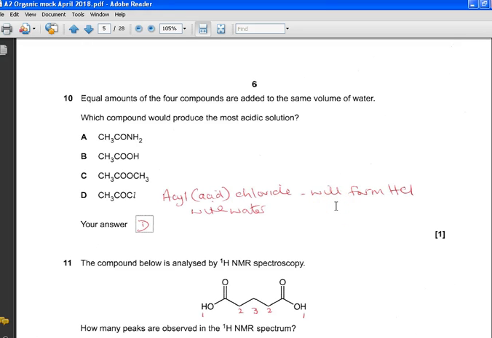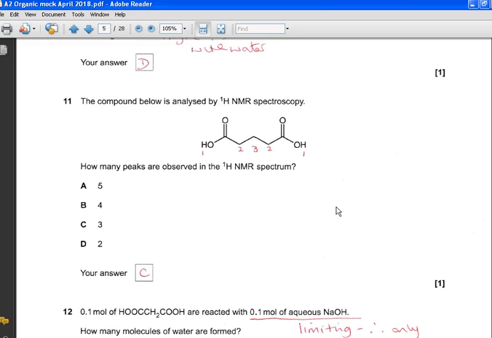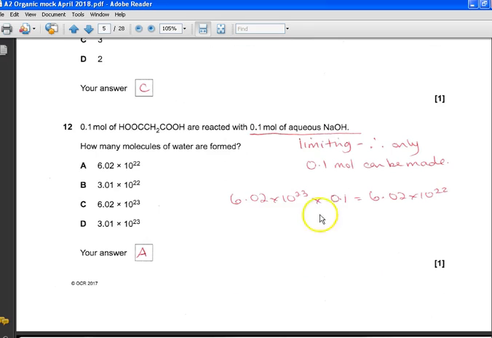So it will form a strong acid, effectively. Okay, how many peaks on a proton NMR spectrum from this molecule? It's going to be 3, and I've numbered them because you've got a symmetrical molecule here. Number 12.